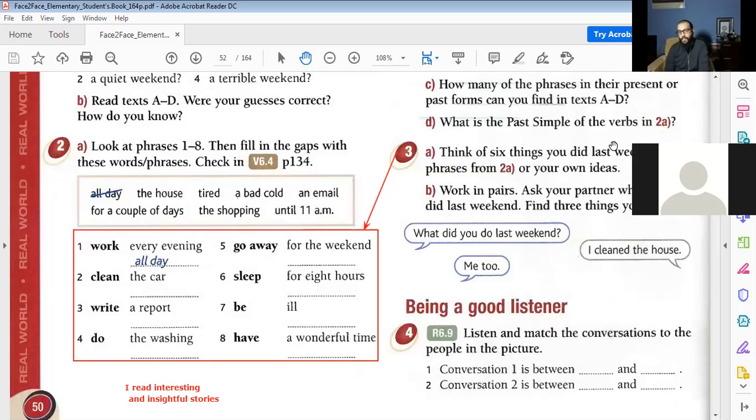Anything else you did? Did you go out? Did you meet maybe your relatives or cousins or uncles, aunts? I met my aunt. Okay. Did you have a good time at the weekend? Yeah, I had a wonderful time. All right, nice. That's great.